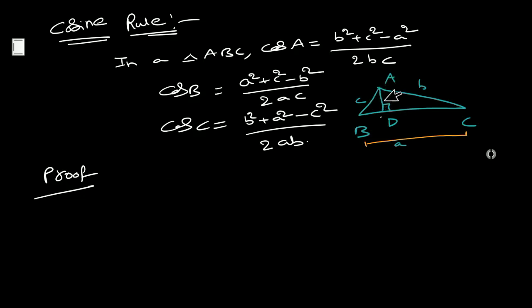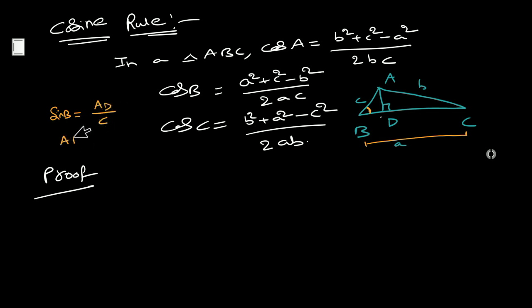Now, what is the value of AD? We need to identify the AD length. For that, I am applying trigonometry here. Clearly you can see sin B is opposite divided by hypotenuse.